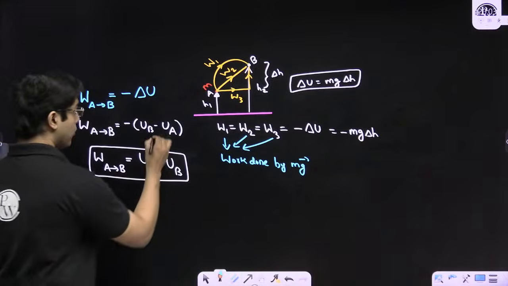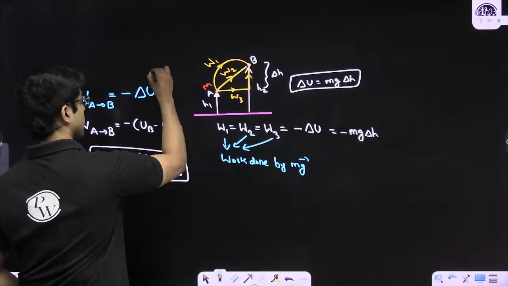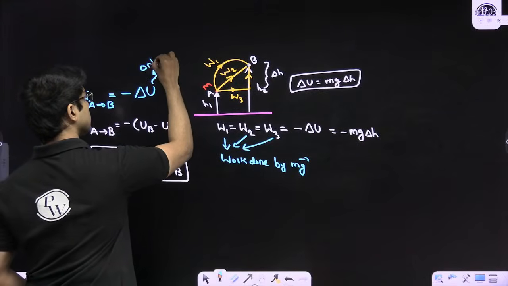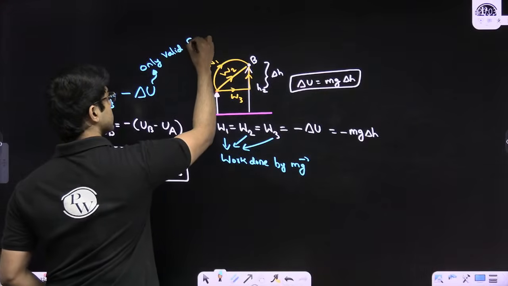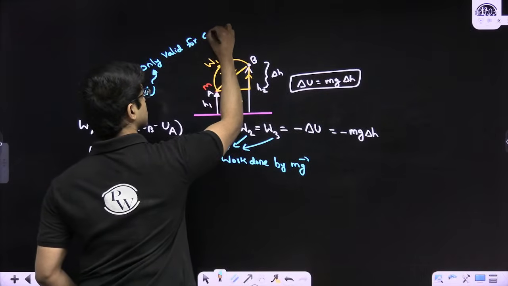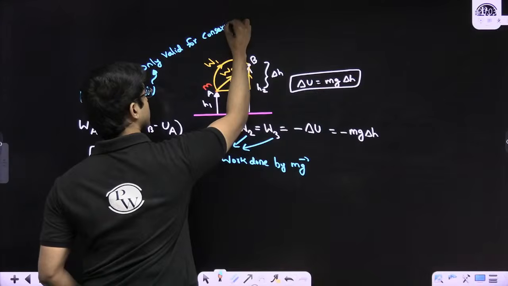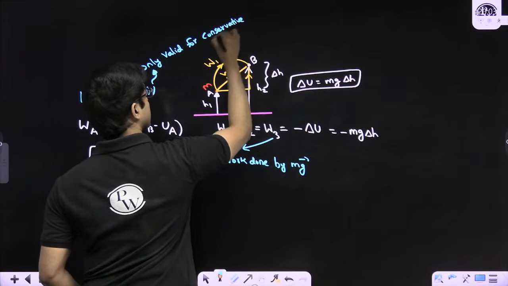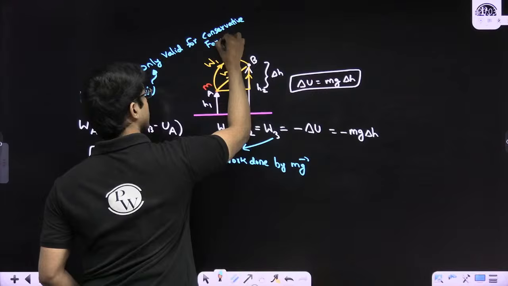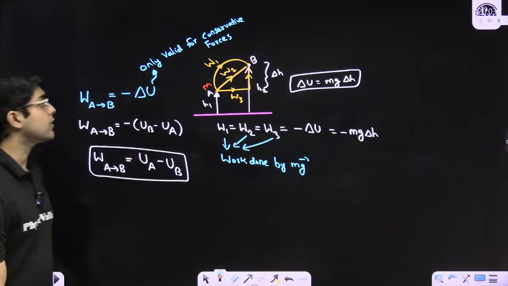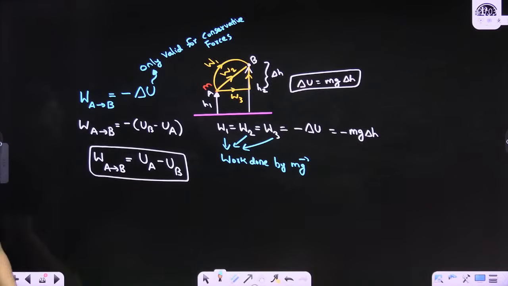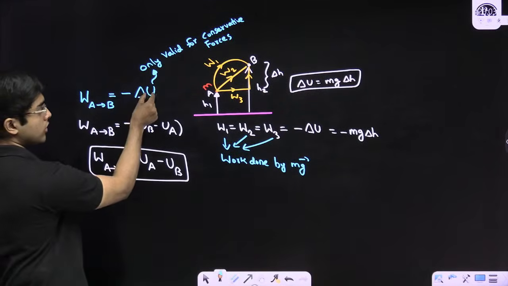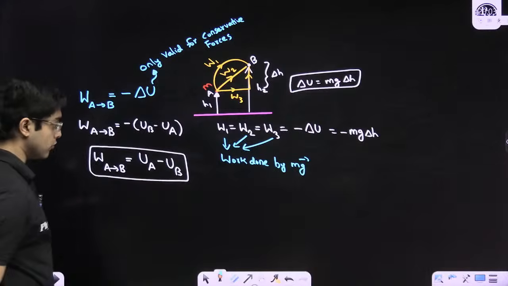Potential energy is only valid for conservative forces. If you take any non-conservative force, you cannot derive a potential energy for that. Potential energy you can only talk about for conservative forces.